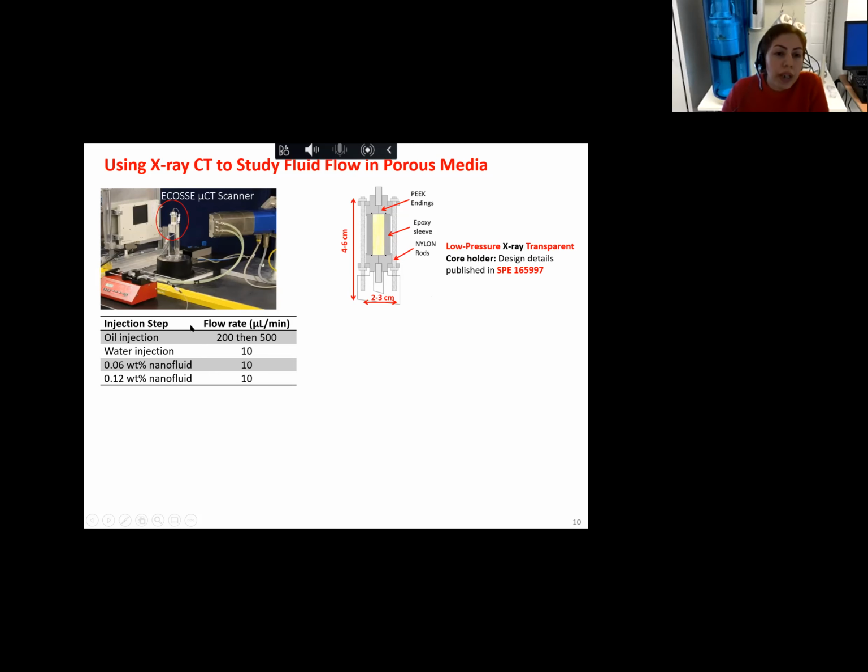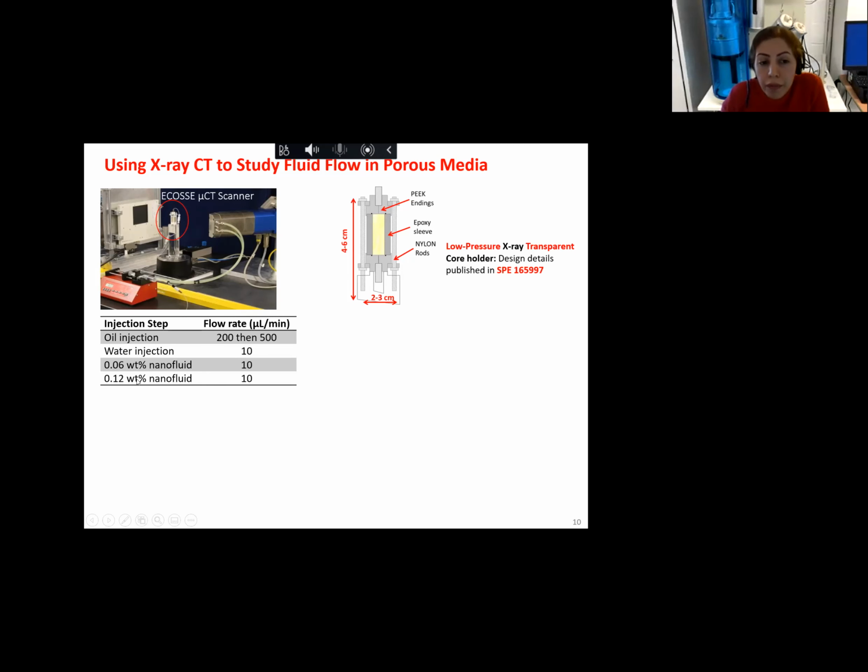So the injection steps are summarized here. In the beginning, we had an oil injection, and then we had the water injection. Then, this is the initial point where you have some droplets of oil or clusters of oil trapped in your system. Then we targeted those trapped clusters by using a nanoparticle suspension.